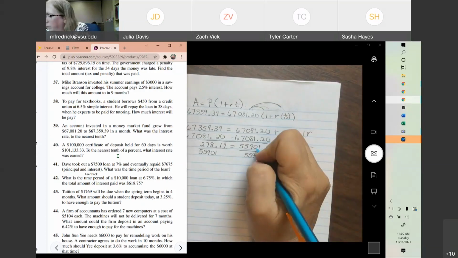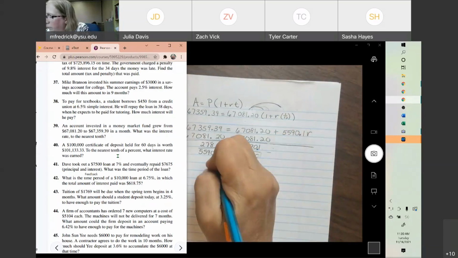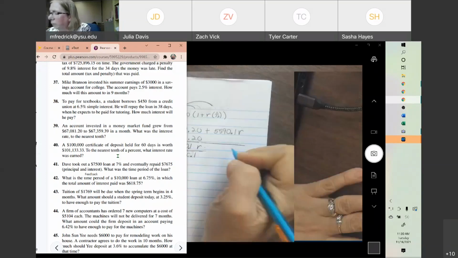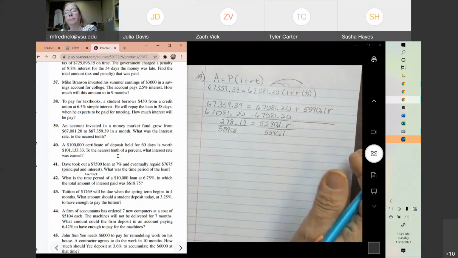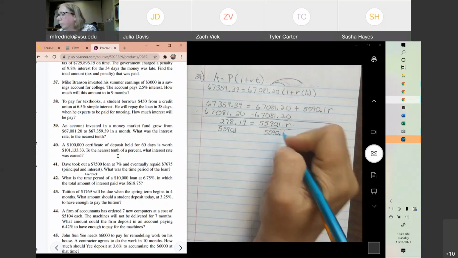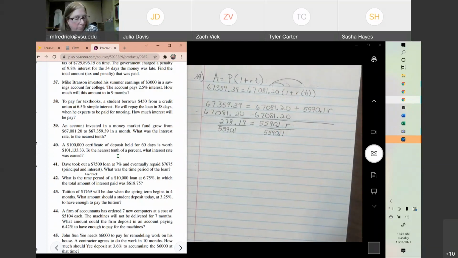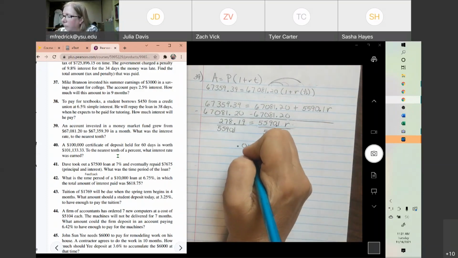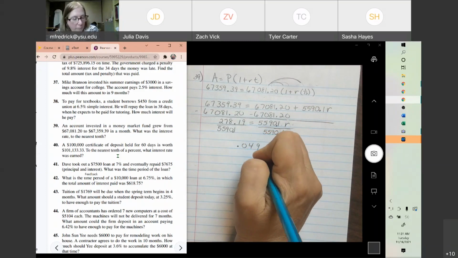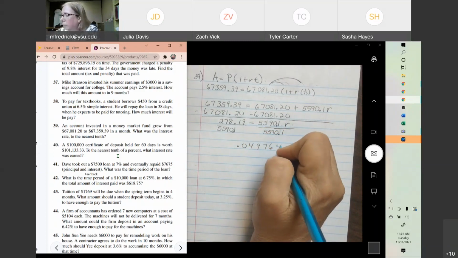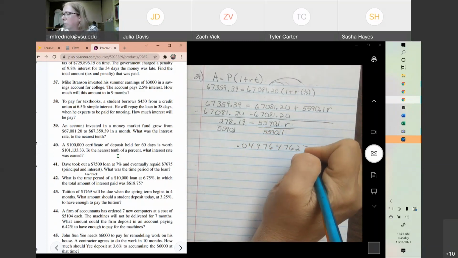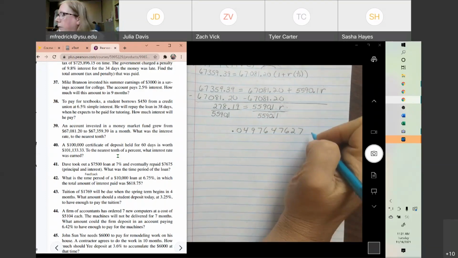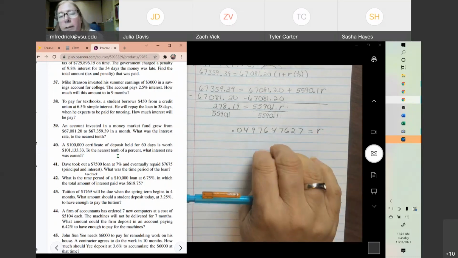I moved my decimal. Now, when you get R, you're getting this.